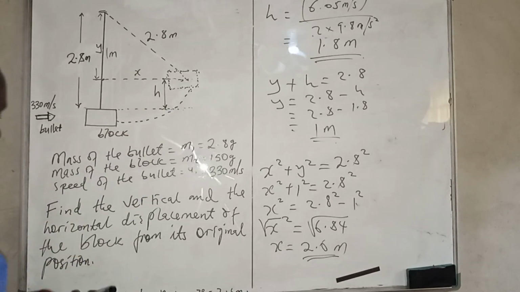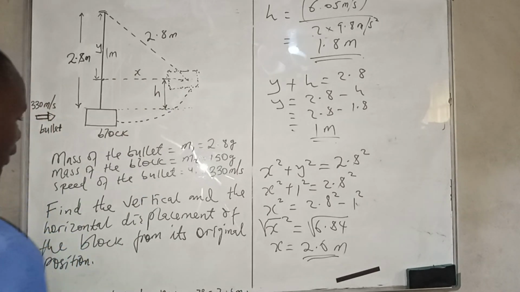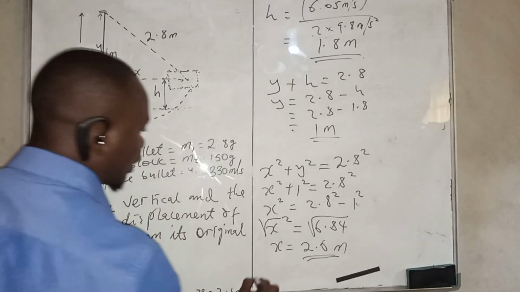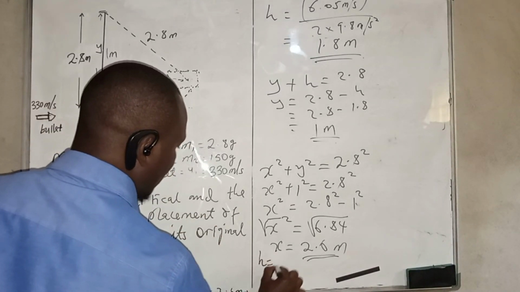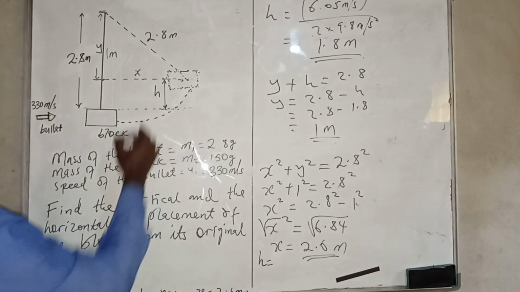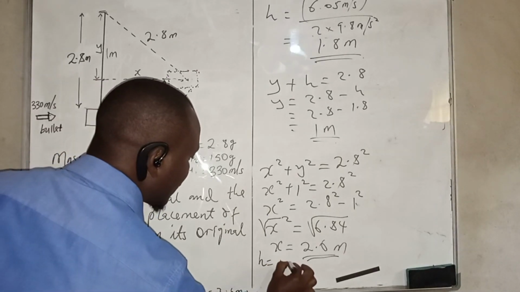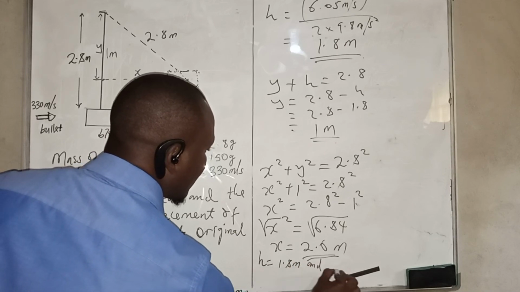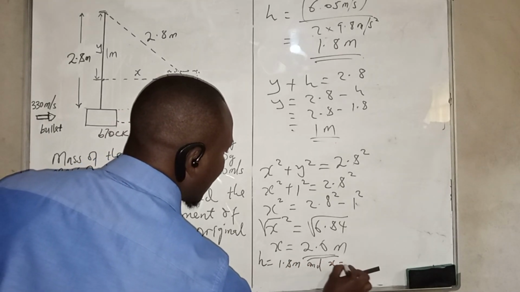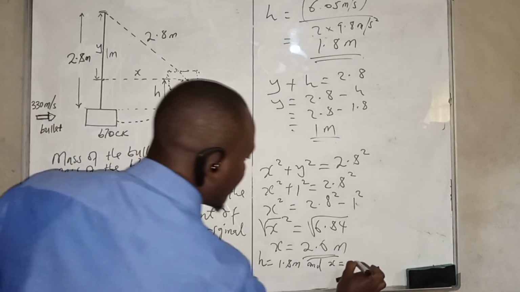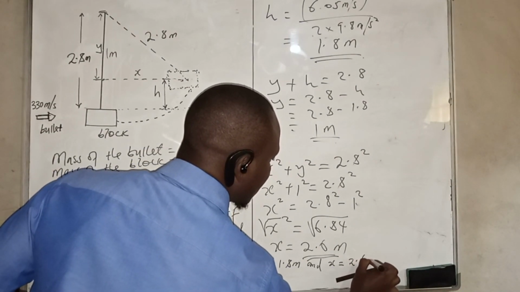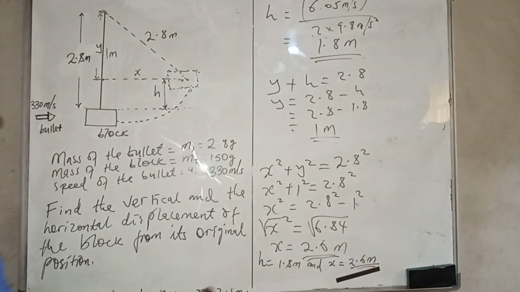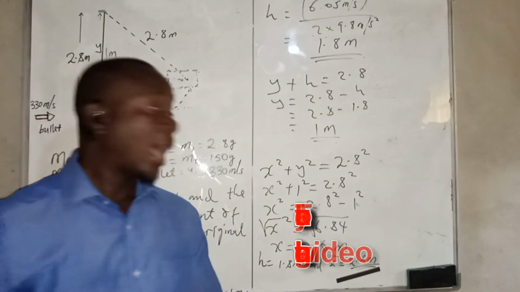And so the needed solutions are the vertical displacement, which is h, so h is equal to 1.8 meters, and the horizontal, which is x, this is 2.6 meters. So these are the solutions to this question.